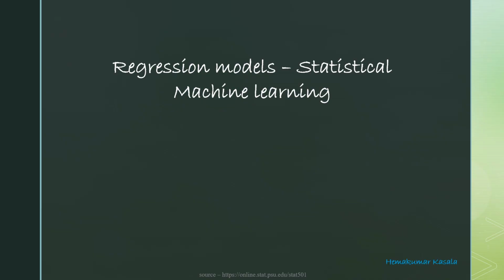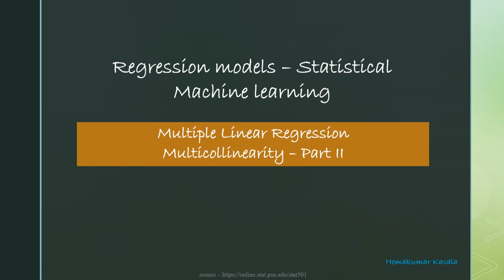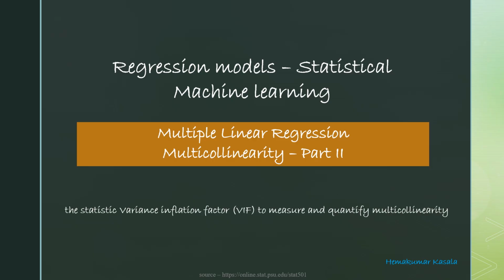I am Hemukumar Kasala, and as part of this video, we continue our learning on multicollinearity in multiple linear regression models. In the second part of the video on multicollinearity, we learn about the statistic variance inflation factor VIF to measure and quantify multicollinearity.